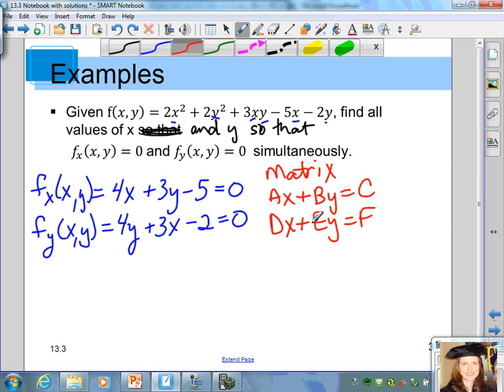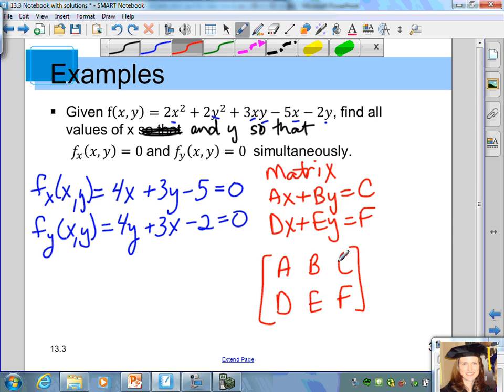If you have a system of equations set up in this way, we can assign a matrix using only the constants. Our matrix is going to be a matrix with 2 rows and 3 columns using just the numbers, not using the x's or the y's.